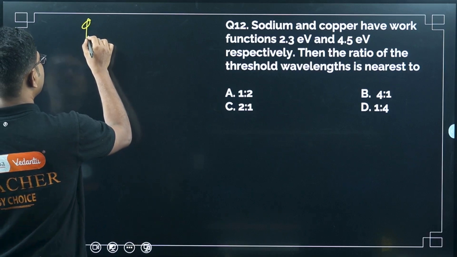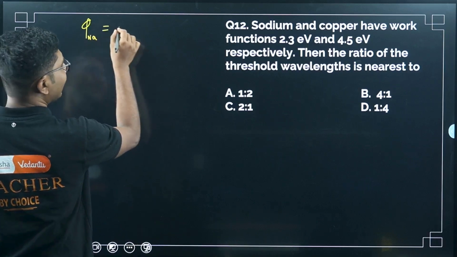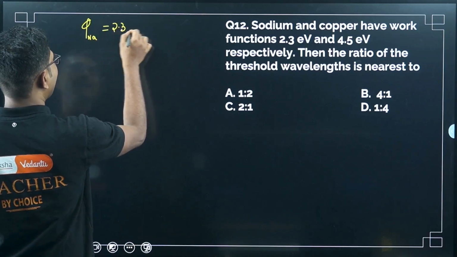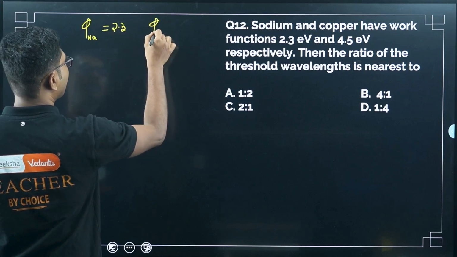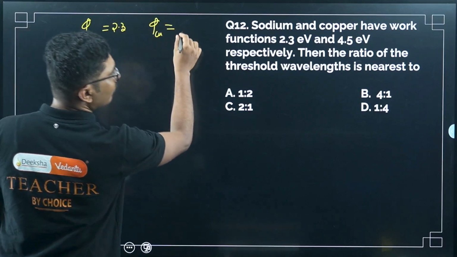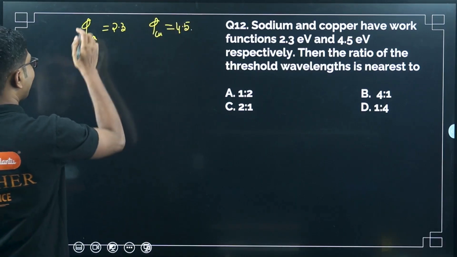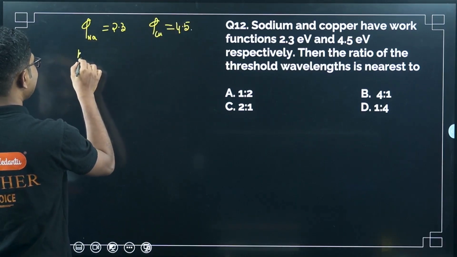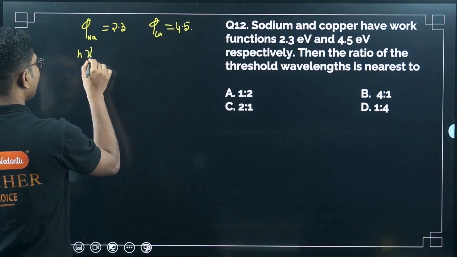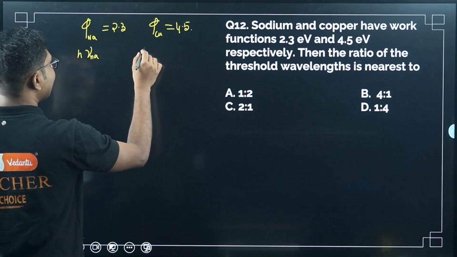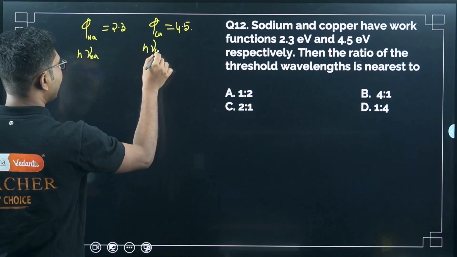Okay, work function for sodium is given 2.3 and work function for copper is given 4.5. Now, work function is nothing but h nu naught. I am just writing the name of the substance.